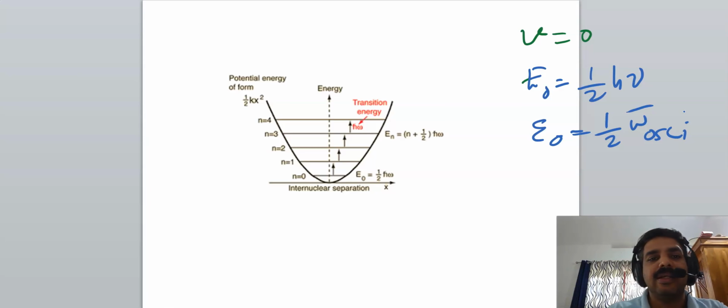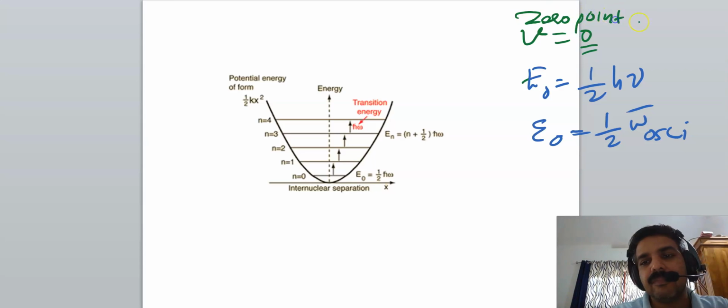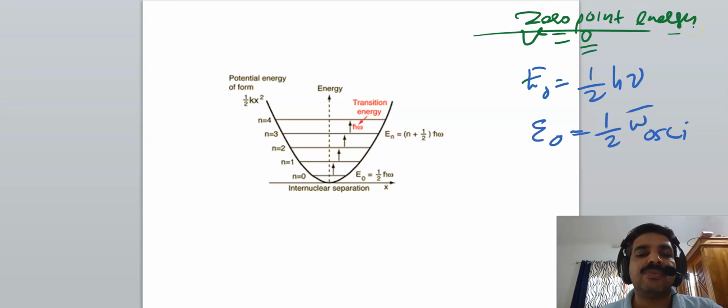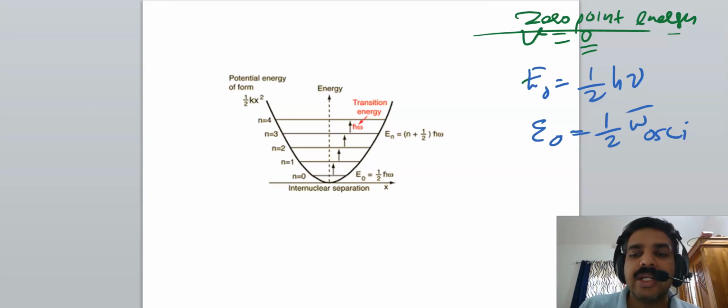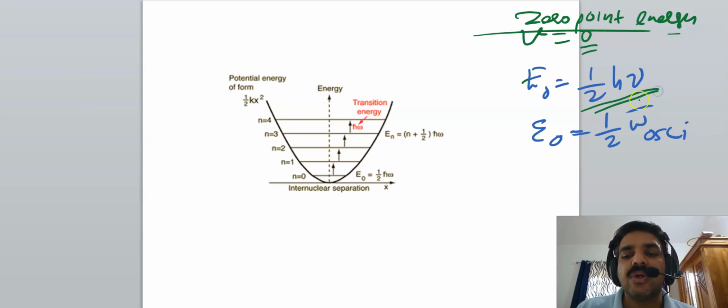And that energy in the 0 state is called the zero point energy. So the zero point energy of a simple diatomic harmonic oscillator is not 0, it is equal to half h nu or half omega bar oscillation.